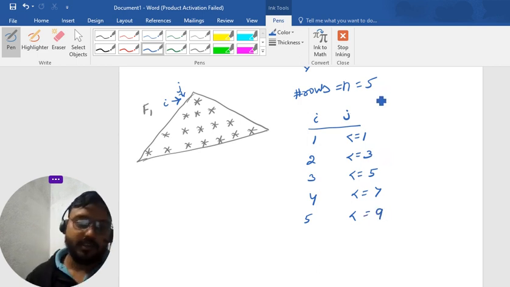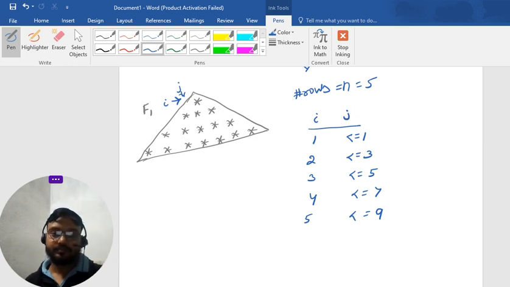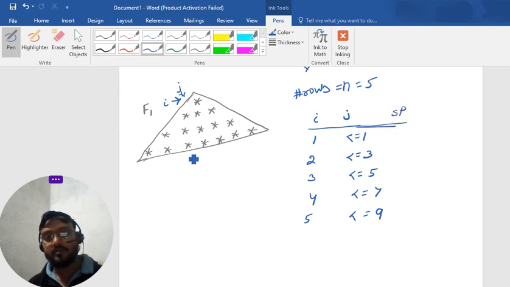So what is the relationship between them? One more part is sp, the space.